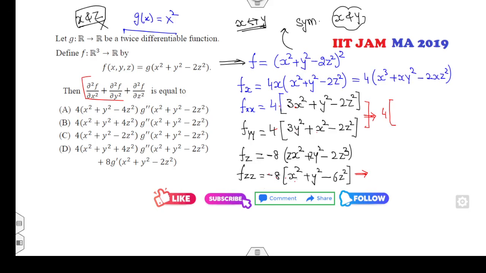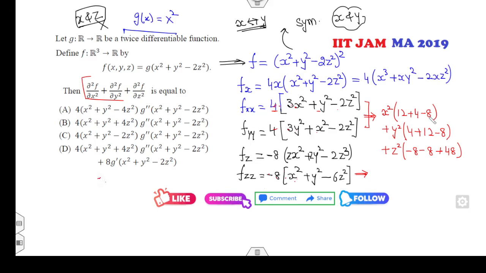पहले x square का coefficient ले लेते हैं. What is the coefficient of the x square? If you add 12 plus 4 minus 8, plus y square का coefficient 4 into 1 is 4, 4 into 3 and 4, 8 into 1, plus z square का coefficient ले लेते हैं. It's a minus of 8 plus 48. तो आपका आंसर फाइनली कितना हो गया, यहां लिख दे रहा हूं.